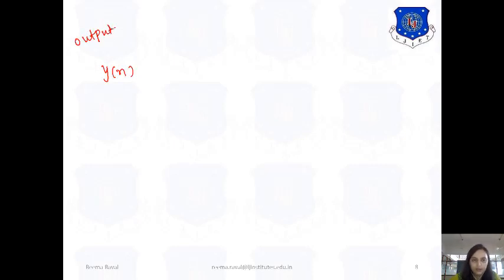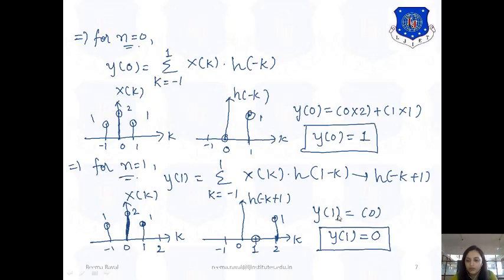Y of n equals to, we need to write down the values at instant n equals to -2, -1, 0 and 1. Okay, at 0 instant we will make the arrow. So as we have obtained the values, at instant 1 the value is 0, at instant 0 the value is 1.